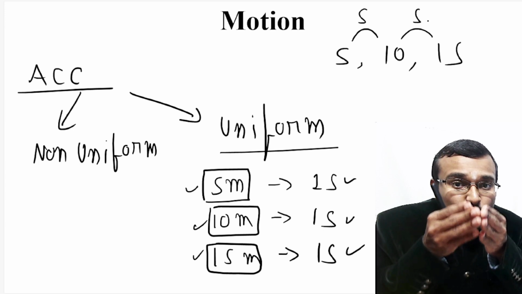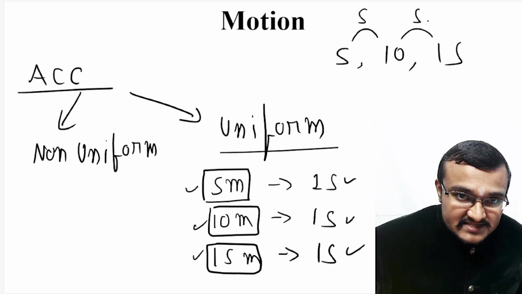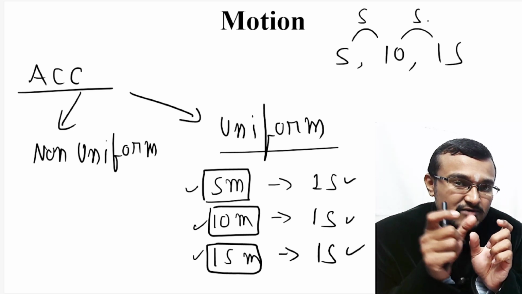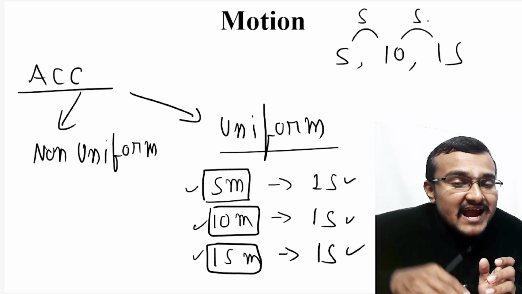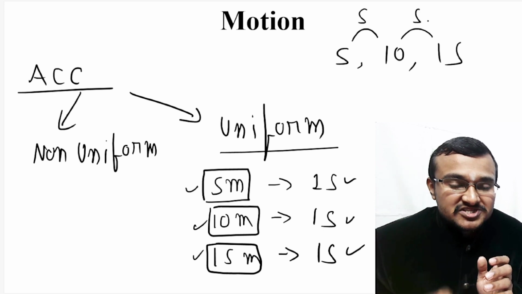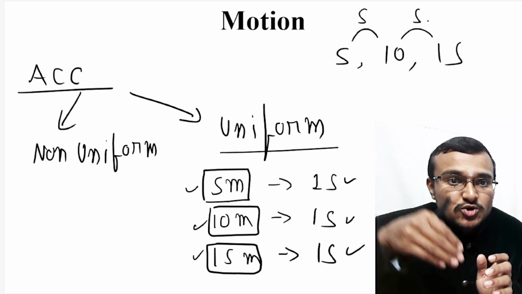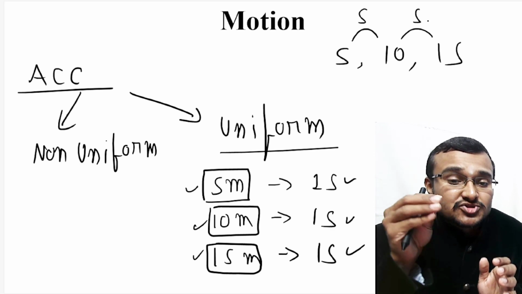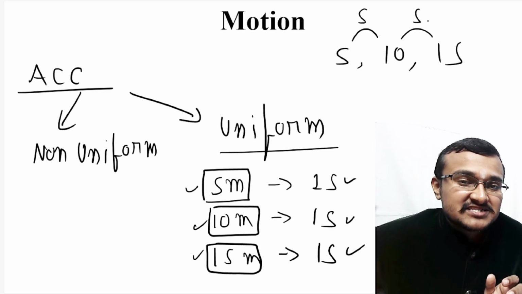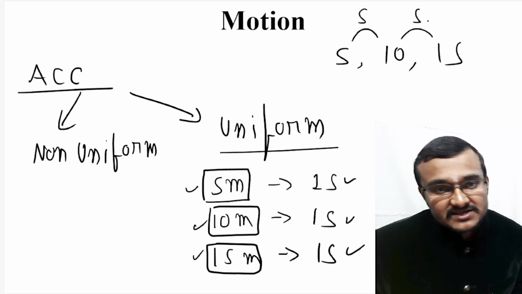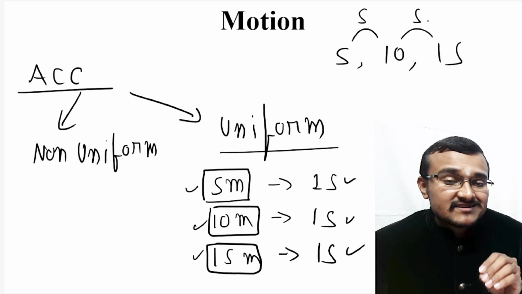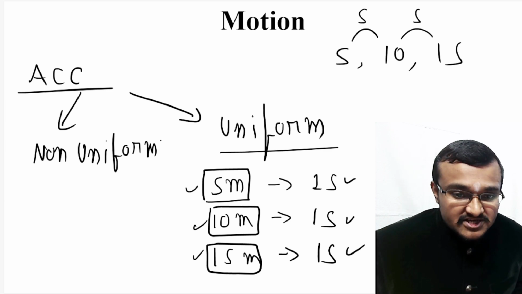That means the amount of distance covered in 1 second is increasing in a constant manner. So this kind of change in velocity, where velocity is constantly changing, will be accounted for as uniform acceleration. Such kind of acceleration is known as uniform acceleration.